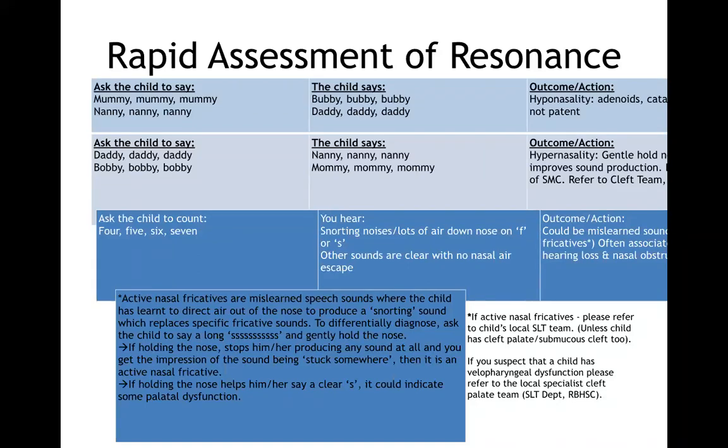It gives you words that you can ask the child to say, some examples of what they might say, and if they do say that, what the outcome is. For example, in the second section, if you ask the child to say daddy, daddy, daddy, and the child says nanny, nanny, nanny, then the outcome would be hypernasality. You're confirming that the child is hypernasal.